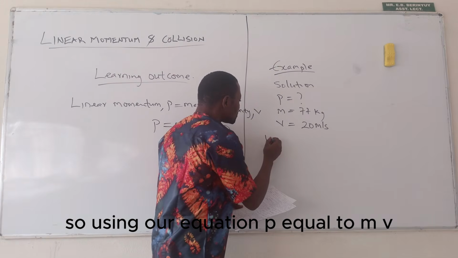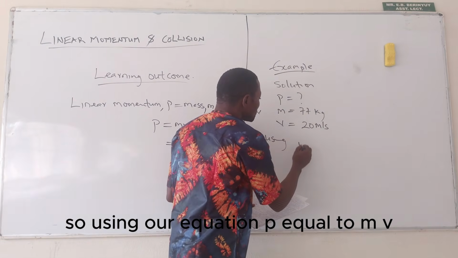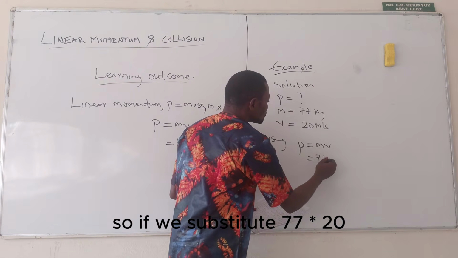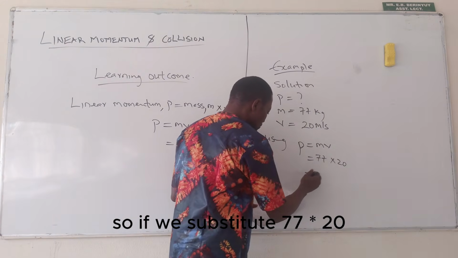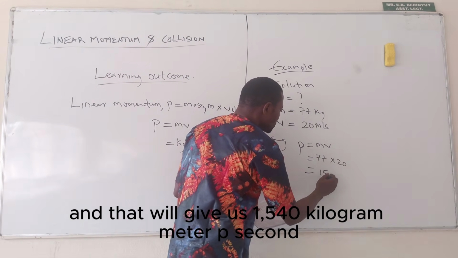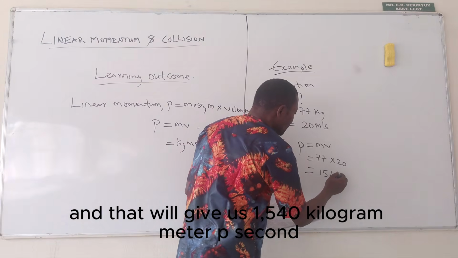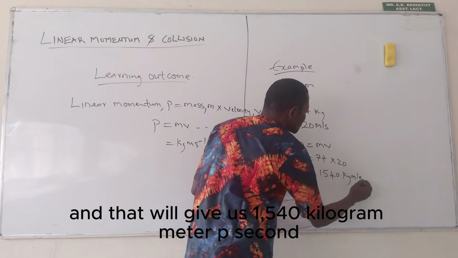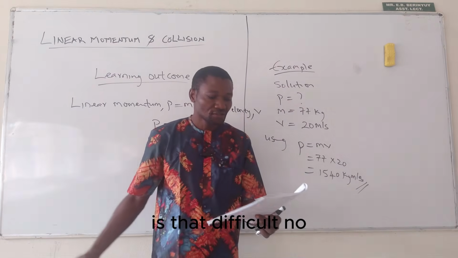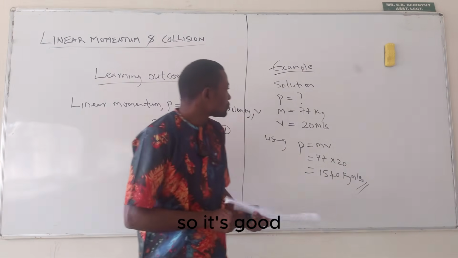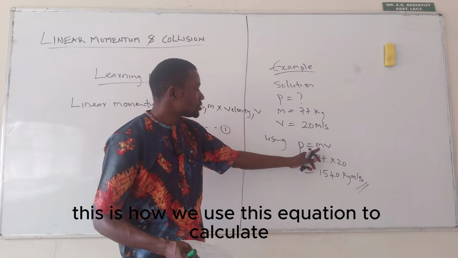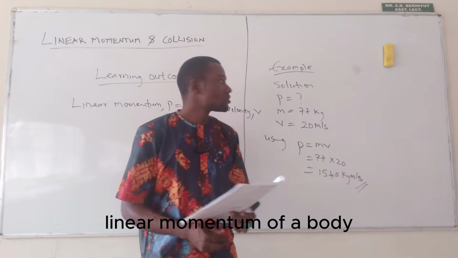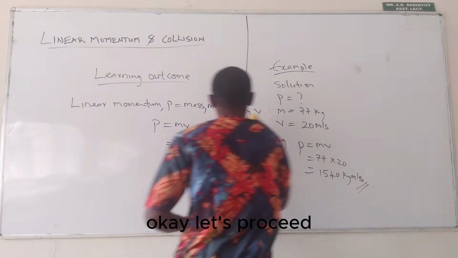So using our equation, P equal to mv, if we substitute 77 times 20, that will give us 1,540 kilogram meter per second. Is that difficult? No. So this is how we use this equation to calculate linear momentum of a body. Okay, let's proceed.